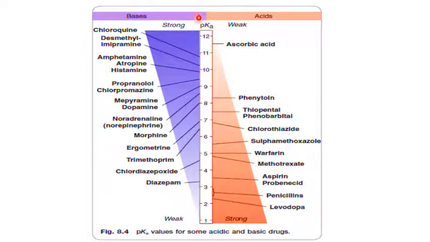You can see in this figure an example of some drugs with their pKa values, and you can figure out, from the pKa value of a drug, the nature of the drug, whether basic or acidic, and the pH of the medium, the ratio of ionized versus unionized form of a drug.